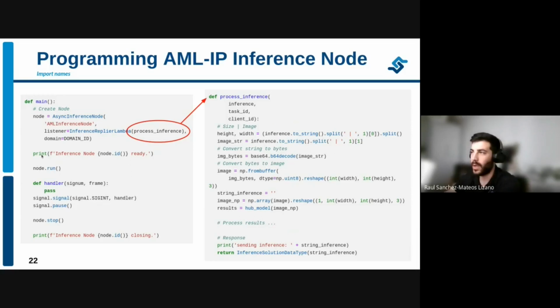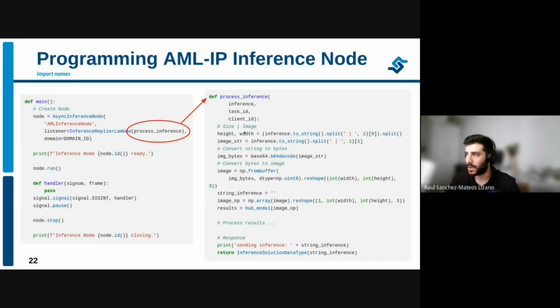So taking a closer look here at the process inference function, which is the one that will be called every time that we receive a new inference. We have, same as before, the image that we are receiving, the task ID, and also the client ID. Once we receive the image that we have to process, which is this parameter, we are performing some conversions here.